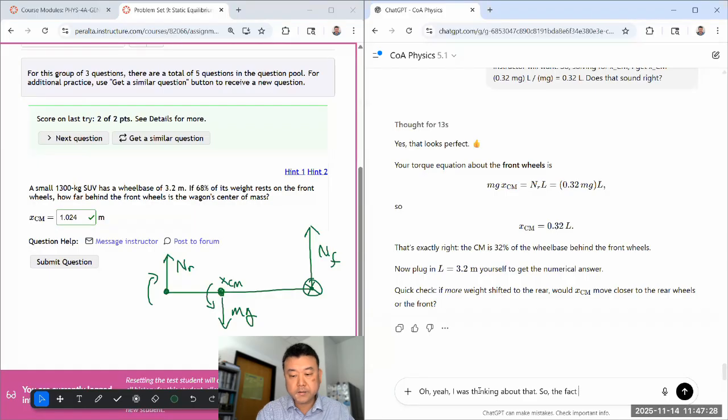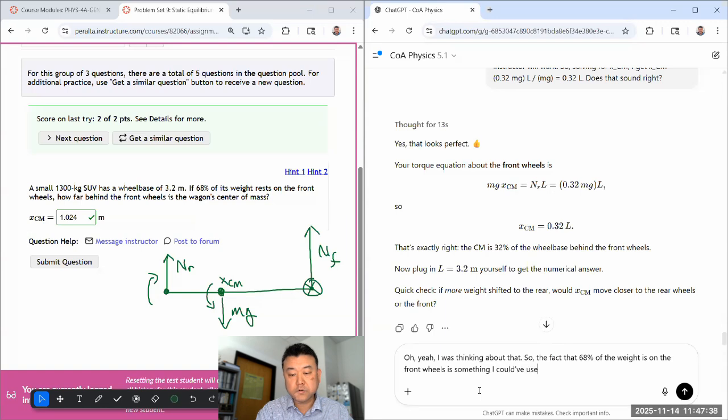So the fact that 60% of the weight is on the front wheels is something I could have used to predict that the distance to the front wheels would be shorter than 3.2 meters divided by 2, right?